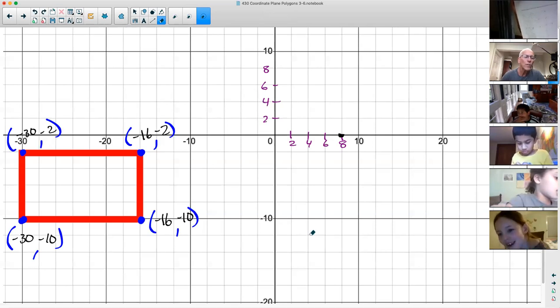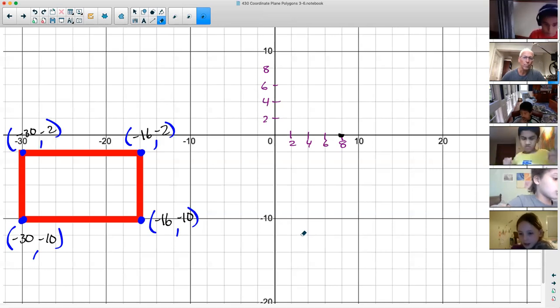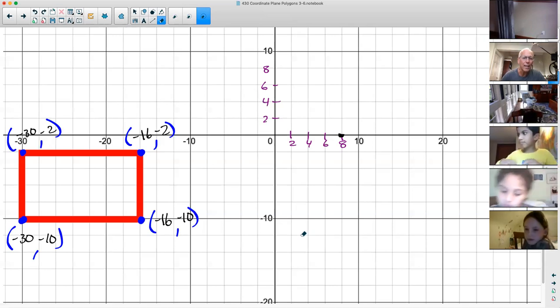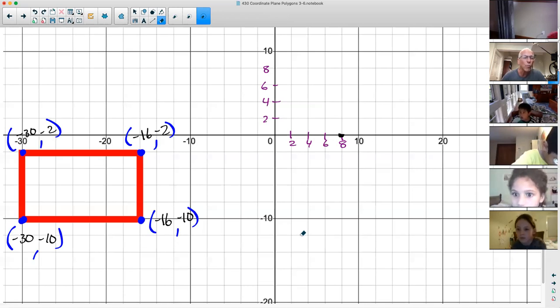Wow. Who wants to show me their 14 by 8 rectangle? If you do, just hold it up to the screen, and make sure you hold it nice and steady. Oh, Sabrina, where's yours? I love yours. Yours is awesome. Who else is going to show me? Oh, wait, Gabby, yours is perfect. I love it.